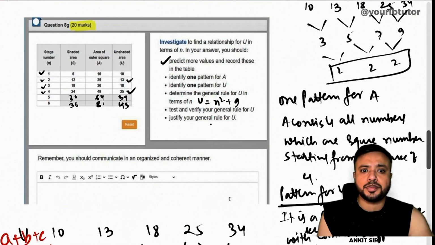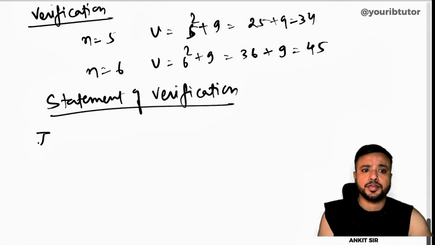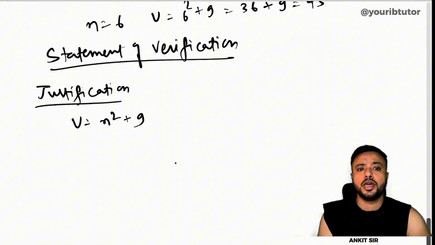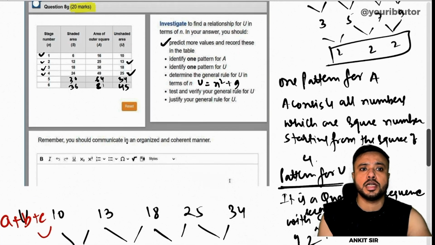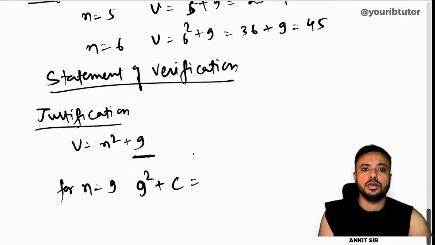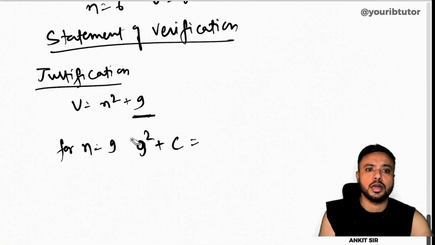Next we have to justify. So justification. I told you my general rule is u equal to n square plus 9. What I'm going to do here is justify it for, let's say, n equal to 5. So I will replace this 9 with c. Sorry, not n equal to 9, guys.